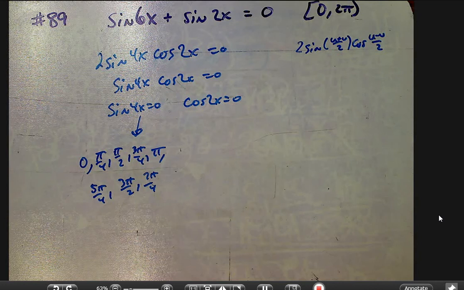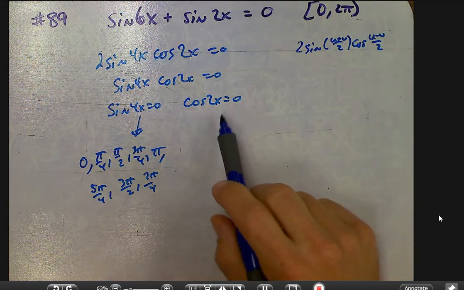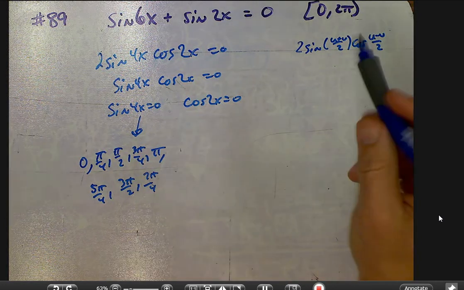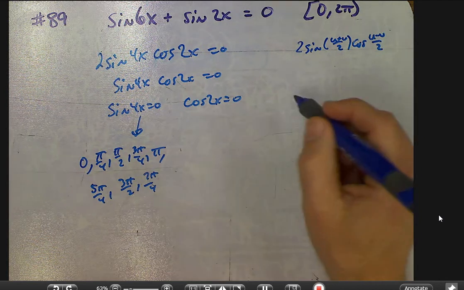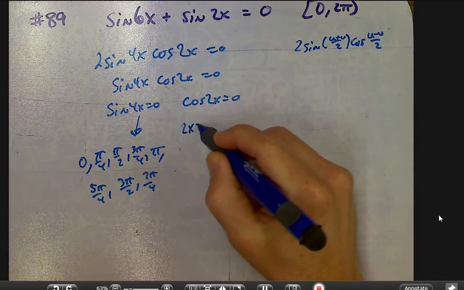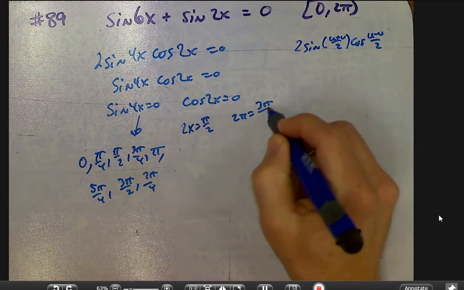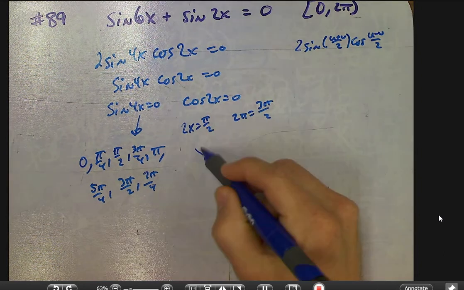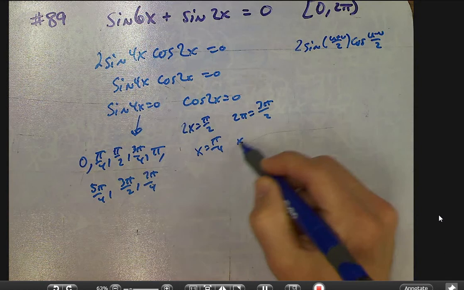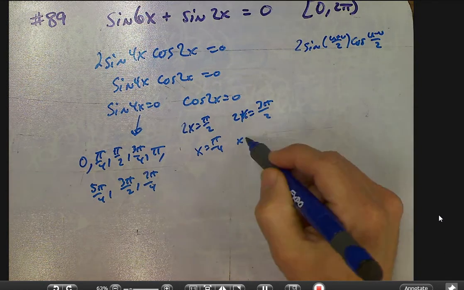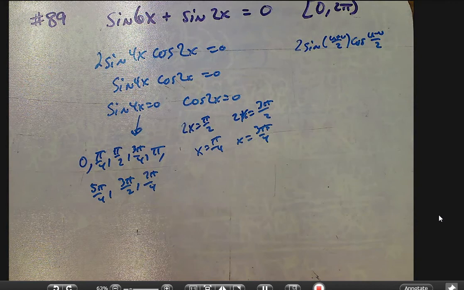What about the cosine of 2x equals 0? Well, cosine is equal to 0 at pi over 2 and 3 pi over 2, so you have 2x equals pi over 2, and 2x equals 3 pi over 2. So now it's x equals pi over 4, and x equals 3 pi over 4.